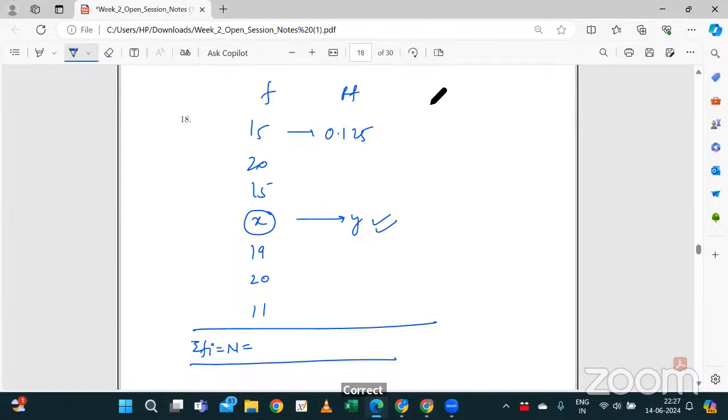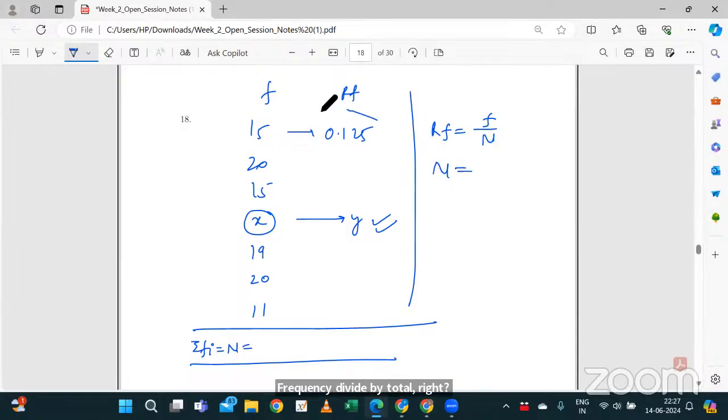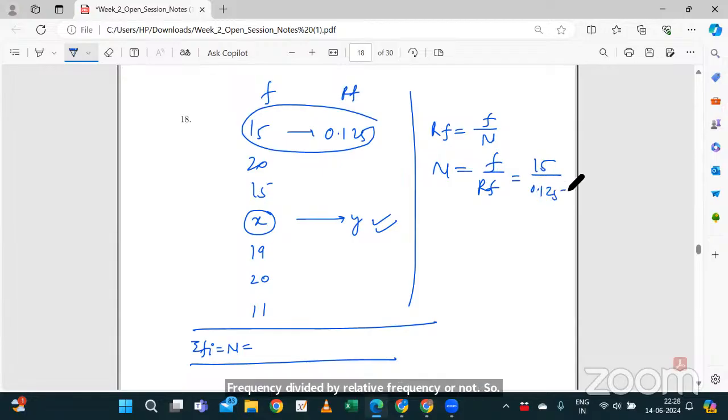Tell me, what is the definition of relative frequency? Frequency divided by total, right? So can I compute total from here? So n will be frequency divided by relative frequency, so it will be 15 divided by 0.125. Are you getting it? So what is the value? Can anyone calculate?